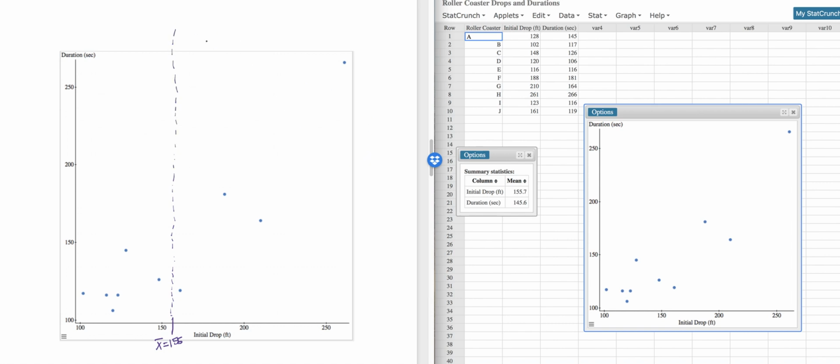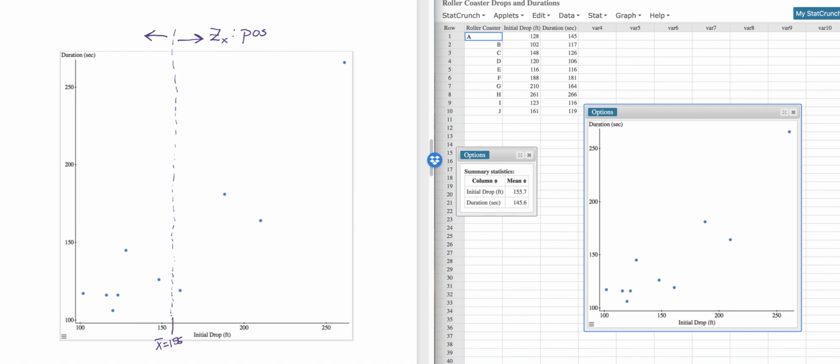Any point to the right of this line has an x coordinate, an initial drop, that is bigger than 155.7 feet. So the z-scores for all of those initial drops, the z-scores for all of those x coordinates, will be positive.